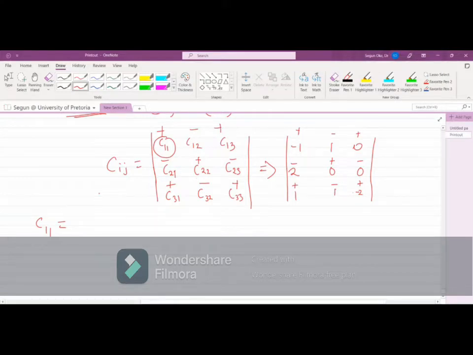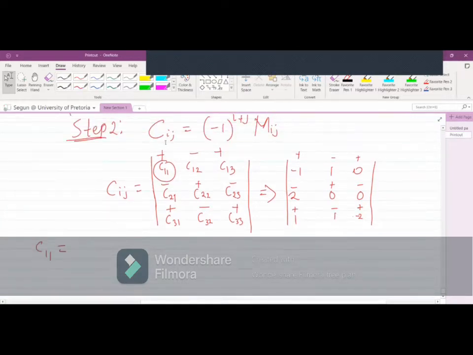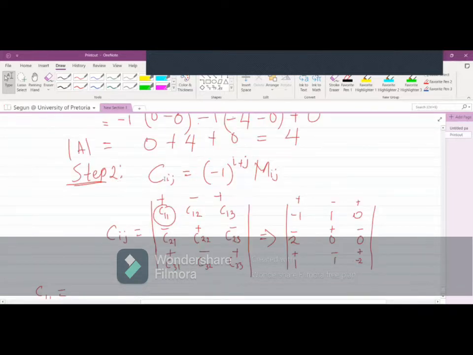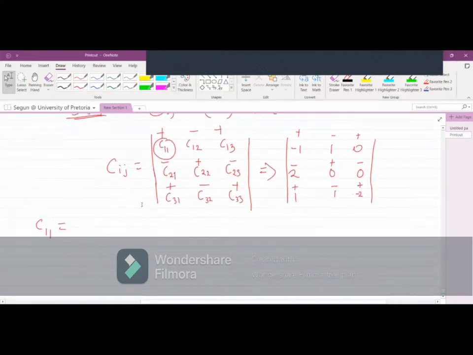Now, for C11, go back to the formula. The formula says Cij equals minus 1 raised to power i plus j, Mij. Meaning C11 means row 1, column 1. So using the formula, minus 1 to the power 1 plus 1, because i plus j, then the minor matrix for minus 1.